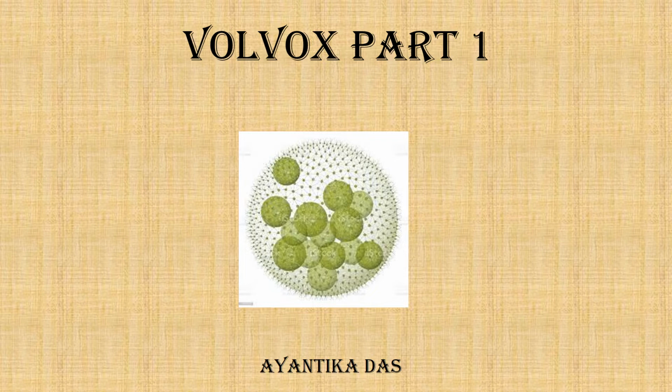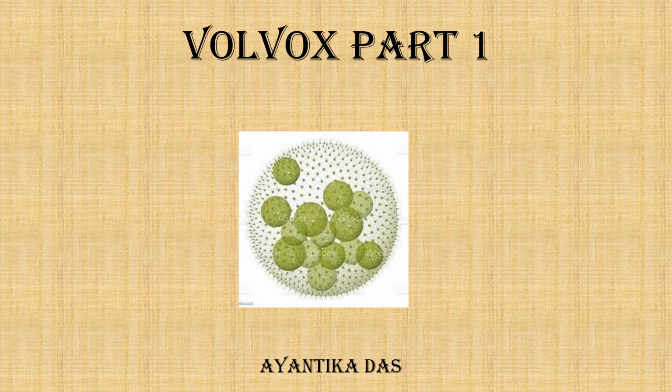Now, Volvox and Chlamydomonas are both used as model organisms in both forward as well as reverse genetics. They are also used as model organisms to study different metabolism because they are haploid in nature, and so any mutation can be easily observed in them.